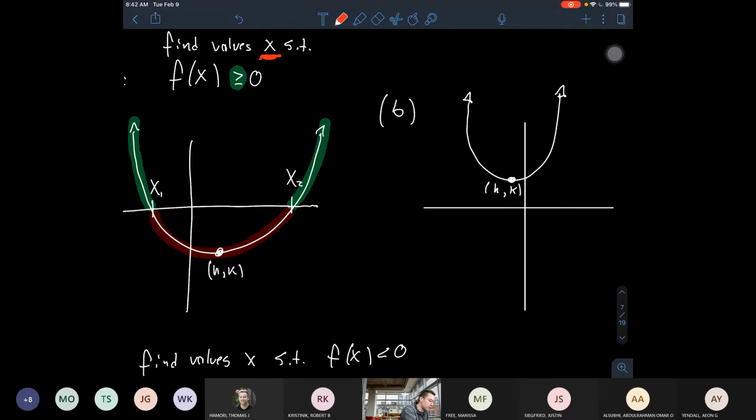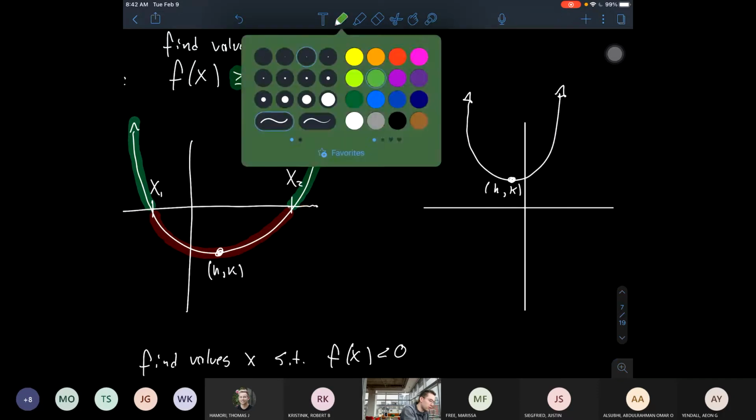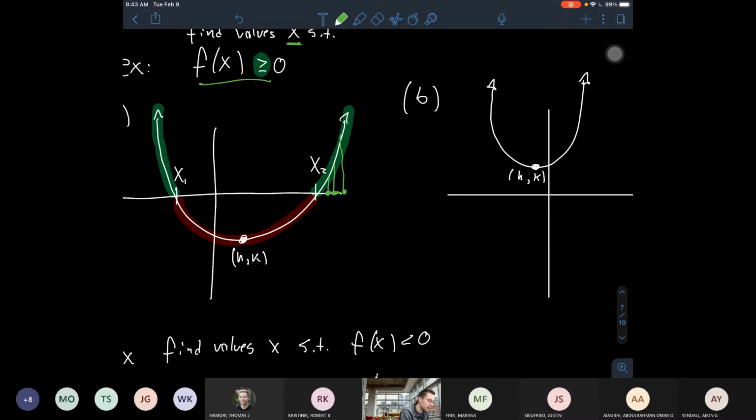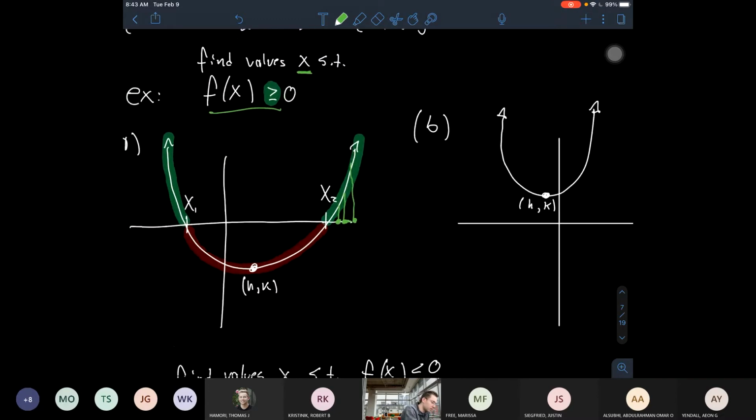So why don't I use green here? Find the values x such that this is true. Well, it's going to be all these points along the x-axis here such that when we draw a line that goes to the graph of the function, the line goes up, right? So all of these here as well that go up.